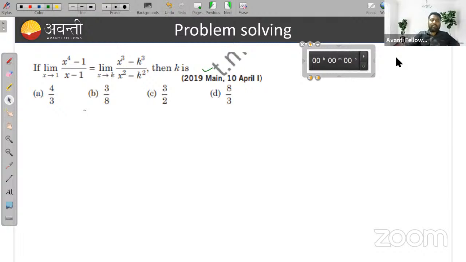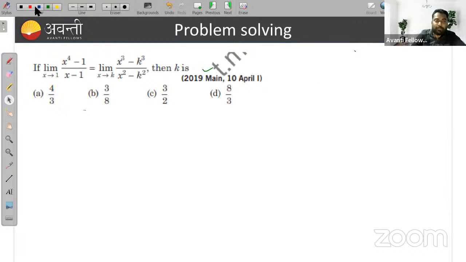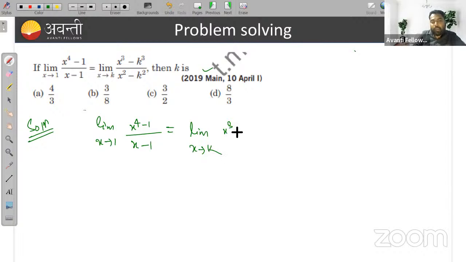Okay, so let's discuss the solution of this question. So what is given in the question? Limit x tending to 1 of (x^4 - 1)/(x - 1), which is equal to limit x tending to k of (x^3 - k^3)/(x^2 - k^2).